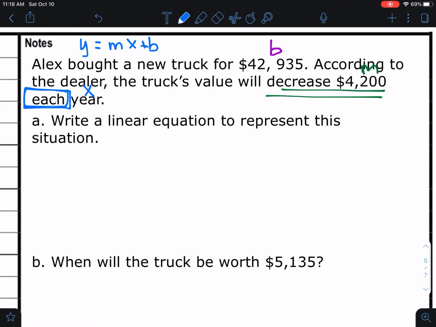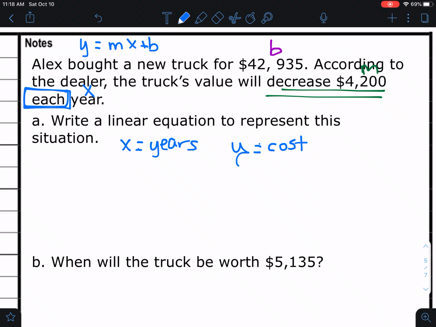So before I write my equation, I like to say, what do these things represent? And so x is years, and then y would be equal to the cost of the truck, or the value of the truck. It would be another way to think about that. Okay, so now let's write our equation.